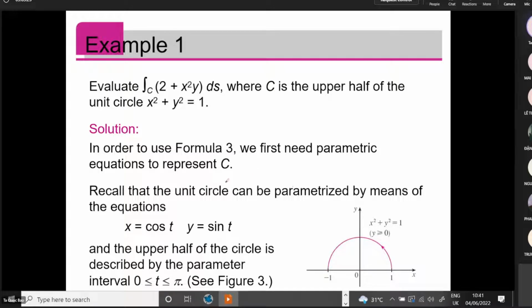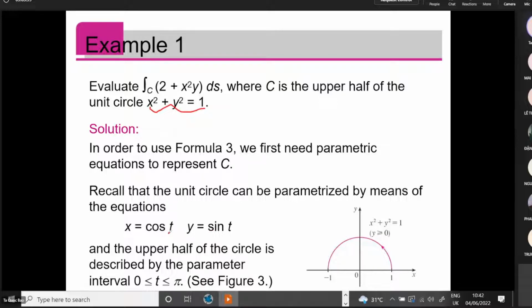All right. So look at here, we have 3 steps. The first step, we should have a parametrization of the curve C. Because it's x^2 + y^2 = 1, therefore we choose x equal to cosine t and y equal to sine t, not r cosine t, r sine t.